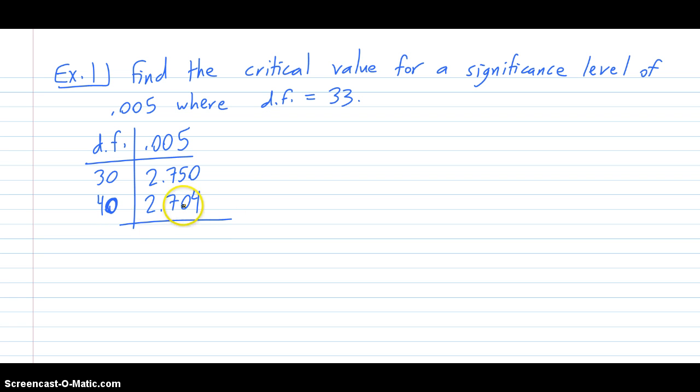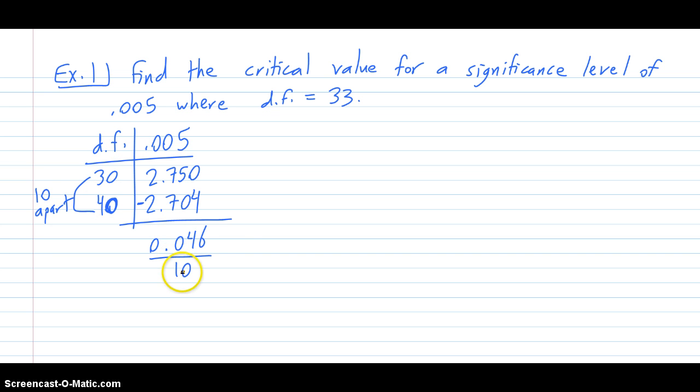So you'll notice if I subtract these two, we get a difference of 0.046. Okay? Which means in 10 degrees of freedom, the critical value is decreasing by 0.046. So if I want to figure out how much it's decreasing every one, I should probably divide that by the difference between these two. So these two are 10 units apart, right? 40 minus 30 is 10, right?